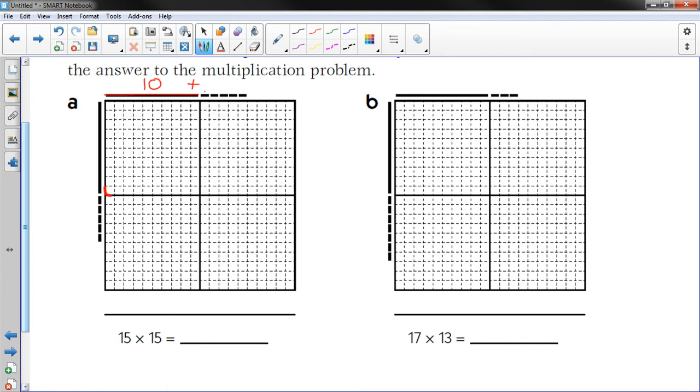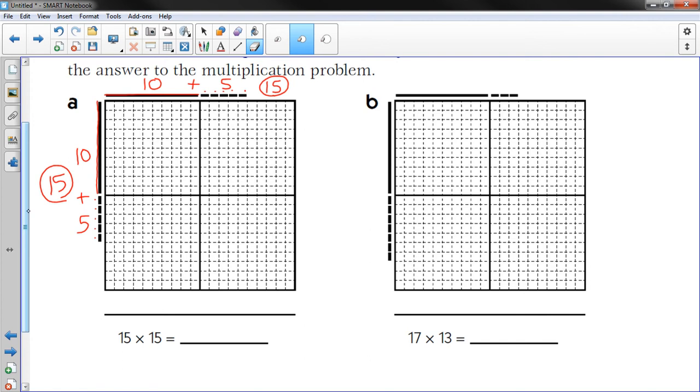So 1, 2, 3, 4, 5. 10 plus 5, this number is 15. And along the side, this rod represents the number 10 plus 1, 2, 3, 4, 5. This represents 15.